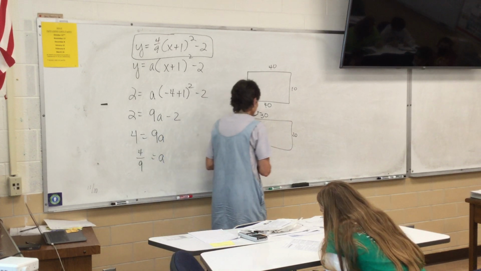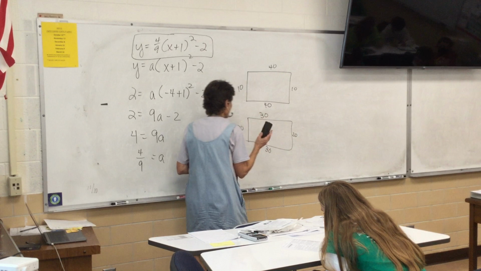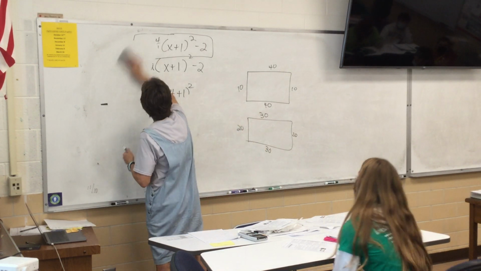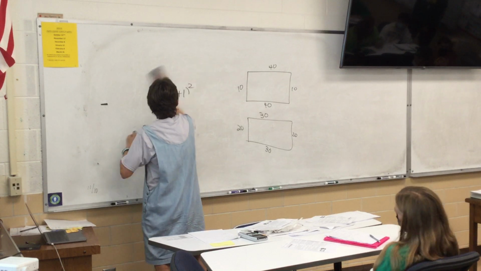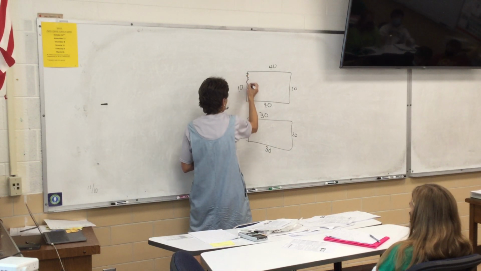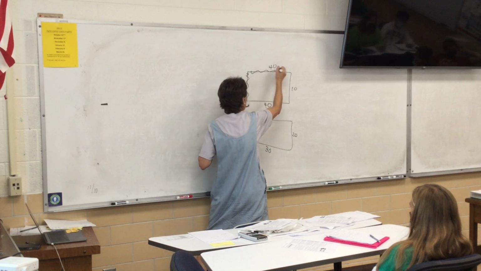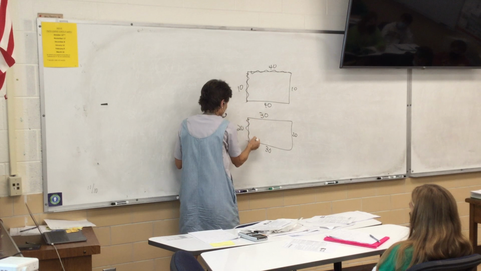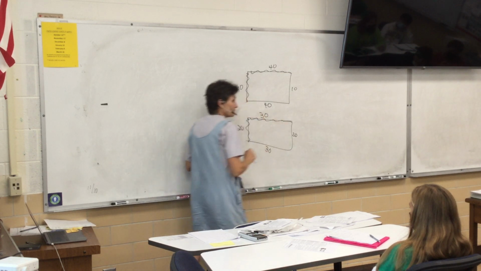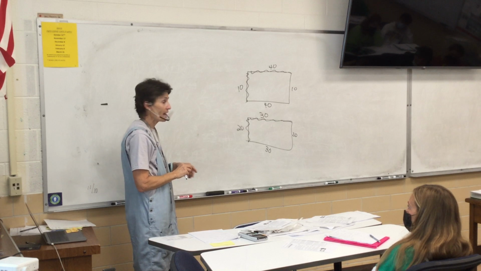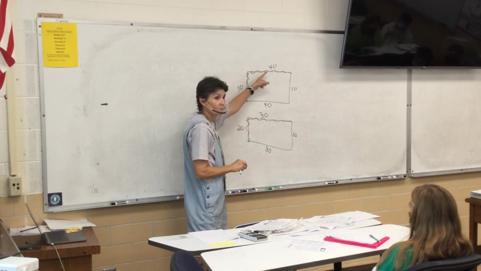So if we know that the perimeter is 100, let's think about this for a second. If we know the perimeter is 100, what do we know about one width and one length? If the whole perimeter is 100, then one width and one length have to add up to 50, don't they?